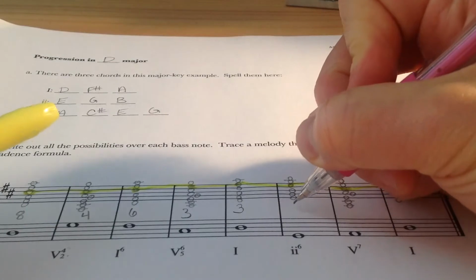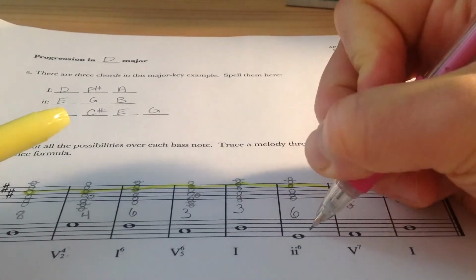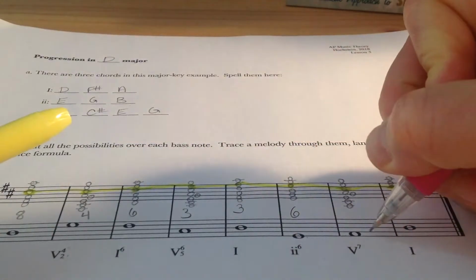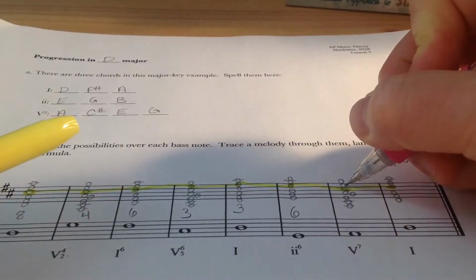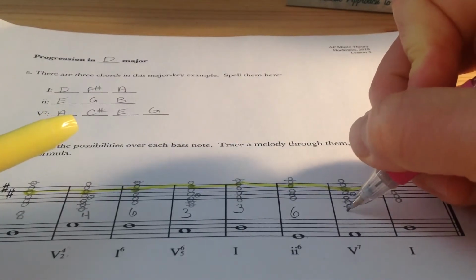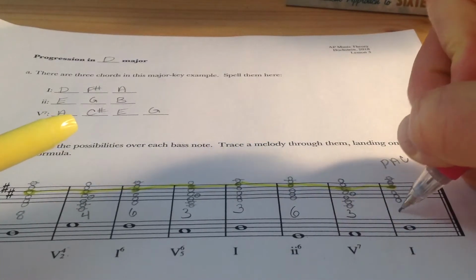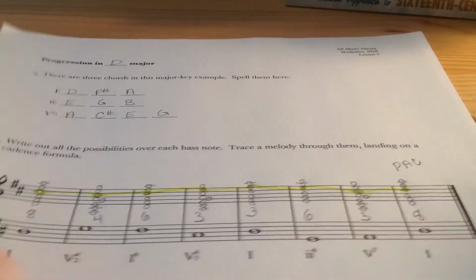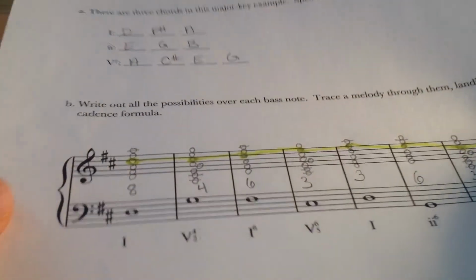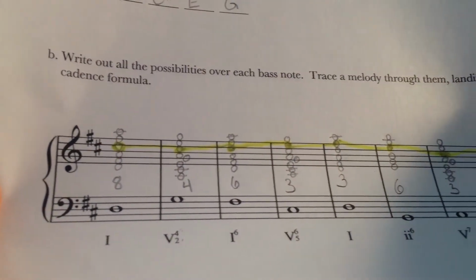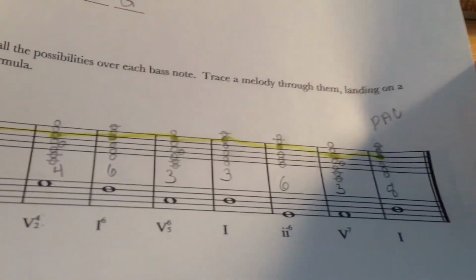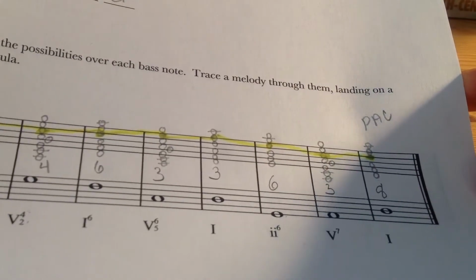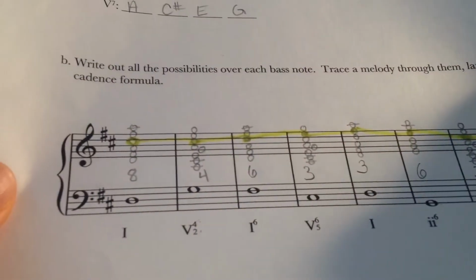So here we have a sixth with the bass, the G to the E. Here we have a third, A to C sharp, and then we are ending on an octave. And if you notice, as I have completed this part of the assignment, 8, 4, 6, 3, 3, 6, 3, 8, there are very few perfect intervals.